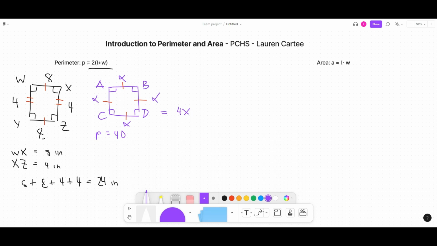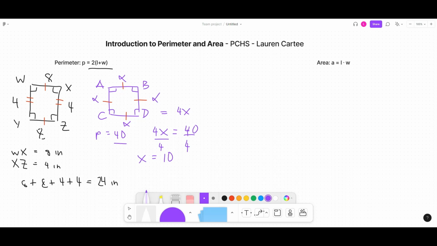In order to find the side lengths, we divide 40 by 4x, or rather 4x equals 40. Therefore, we get x equals 10, making all of our side lengths 10. You can check the math by, again, using this formula: add 10 plus 10 plus 10 plus 10. You would still get 40 as your answer.